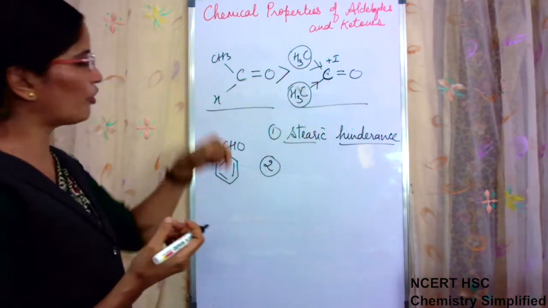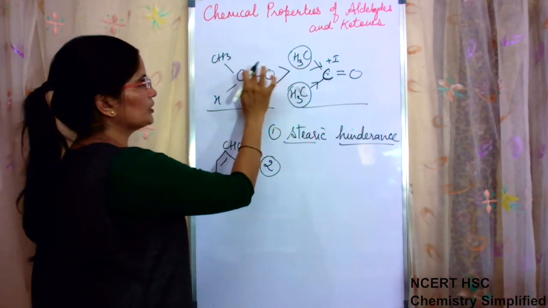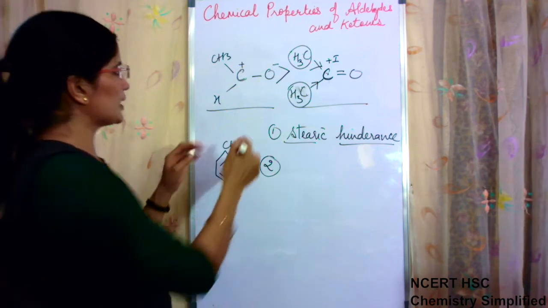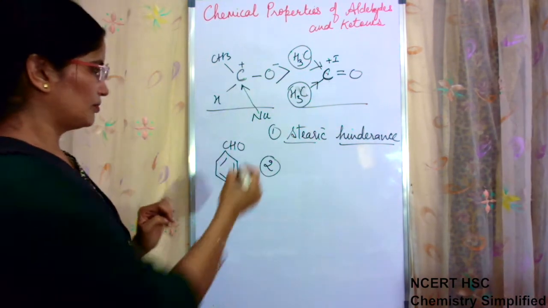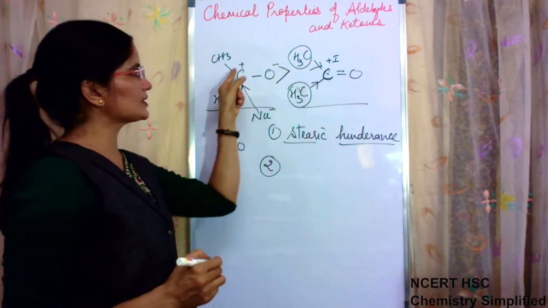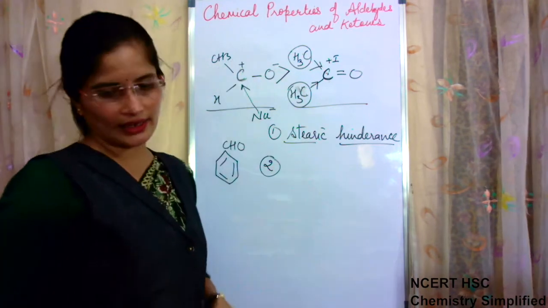And what we want in case of nucleophilic addition reaction is that this carbon should be positive and oxygen should be negative, so that the nucleophile attacks on this very easily, because the nucleophile is negative.